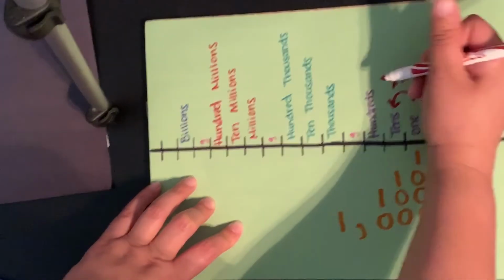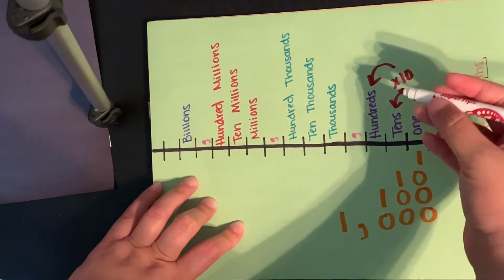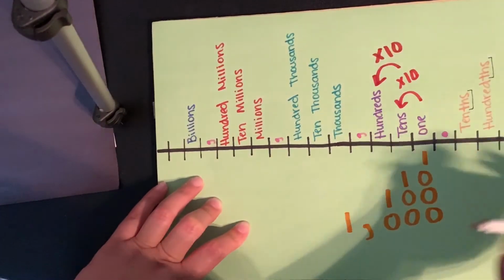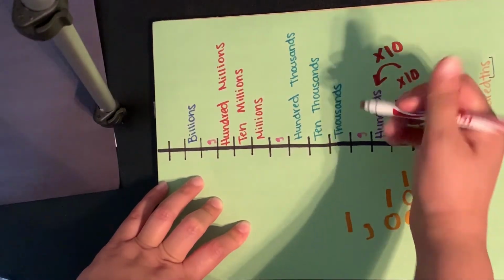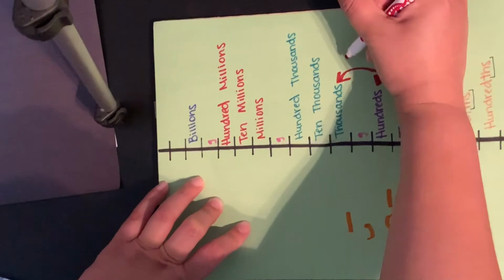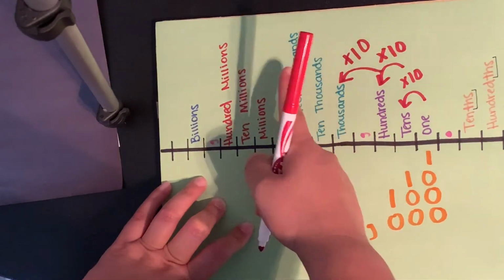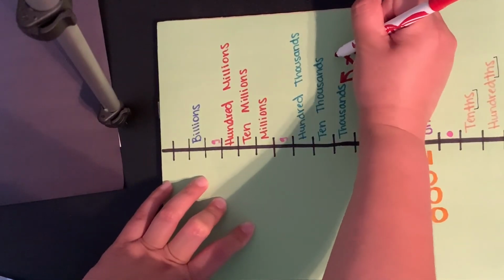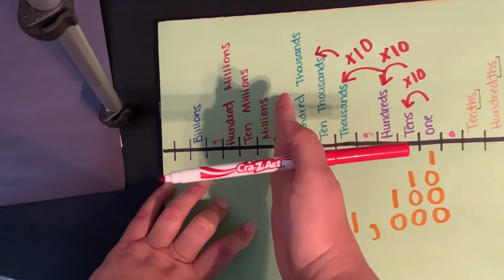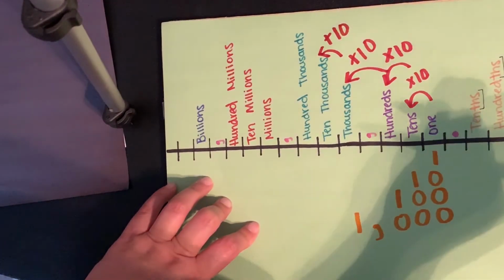Same pattern happens when we moved from tens to hundreds. The value was 10 times greater. Same thing with hundreds to thousands. The value is 10 times greater. This pattern can continue all the way. Anytime you move 1 to the left, the value becomes 10 times greater.